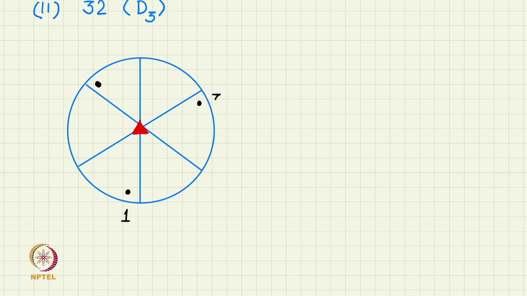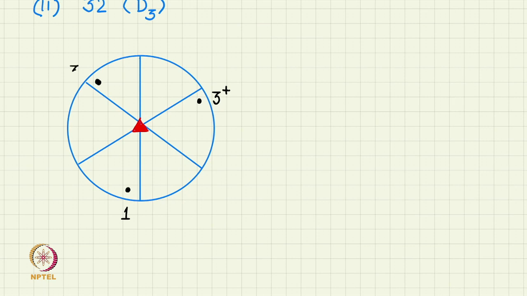So, this, as you have seen when we were discussing the monoaxial group, corresponds to anti-clockwise or positive rotation about the three-fold axis. We designate it as 3 plus, and this corresponds to clockwise or negative rotation about the three-fold axis. So, we call it 3 minus.